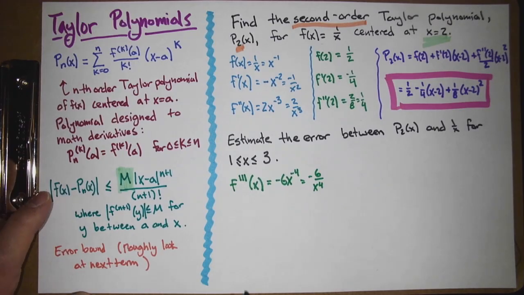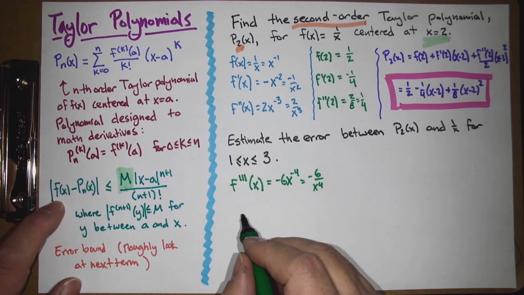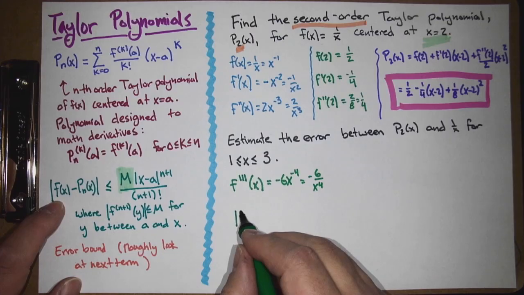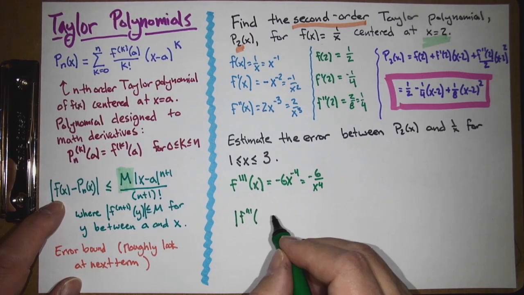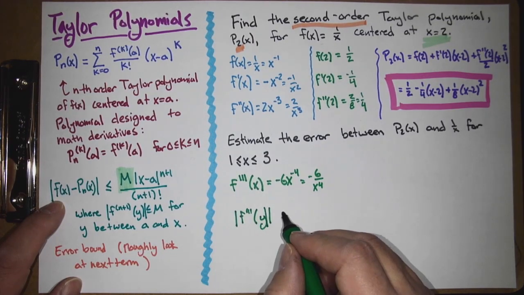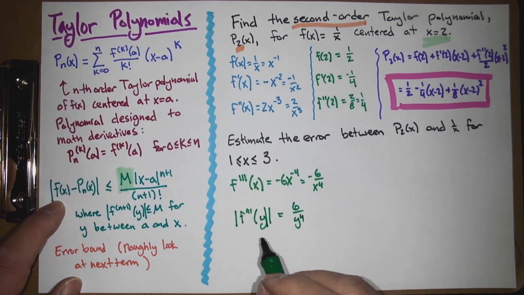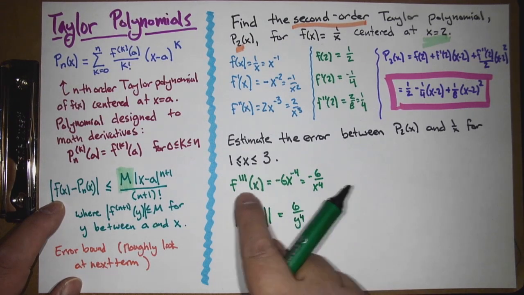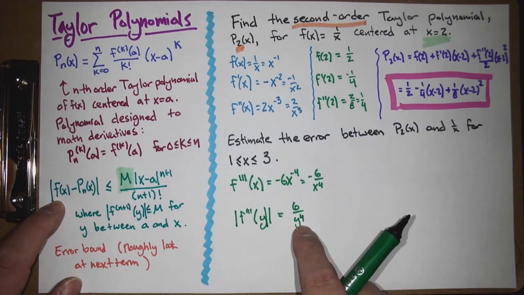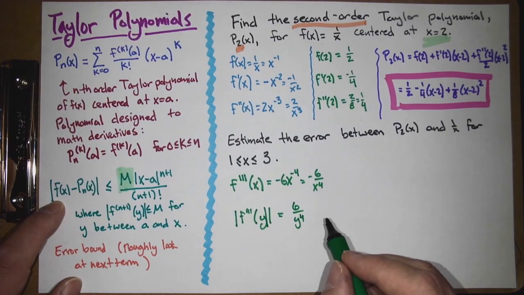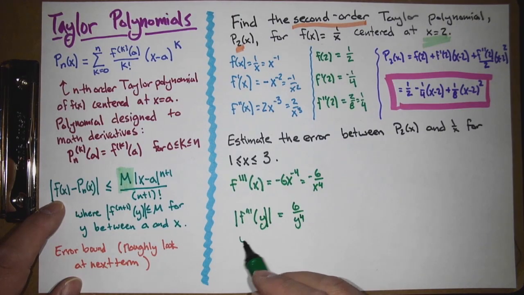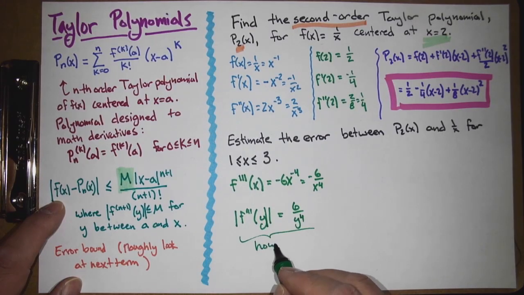So to figure out m, we need to say, okay, we want to have the absolute value of the third derivative, and I'll use y, which is, by the way, 6 over y to the 4th, right? I'm taking the absolute value here. When you take something to an even power, it's positive. We're asking ourselves the question is, how big can this get?